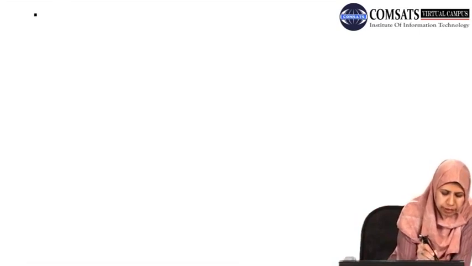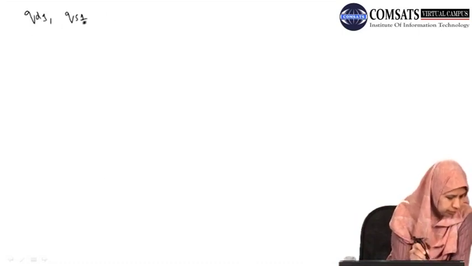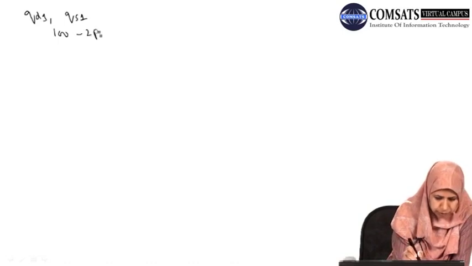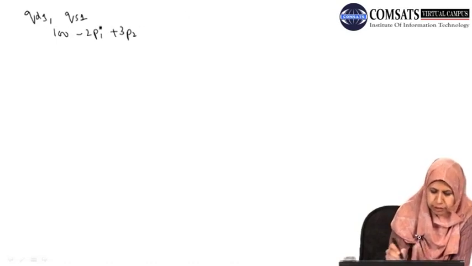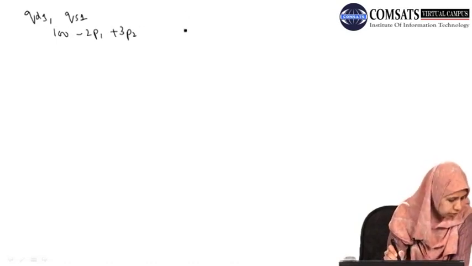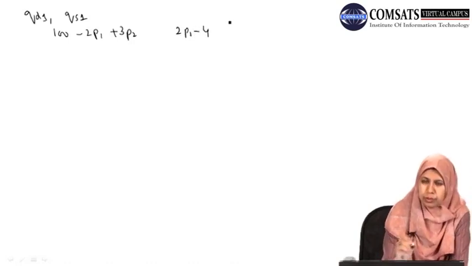Now, what were the supply and demand functions of product 1? The demand function was 100 minus 2P1 plus 3P2, and the supply function was 2P1 minus 4.